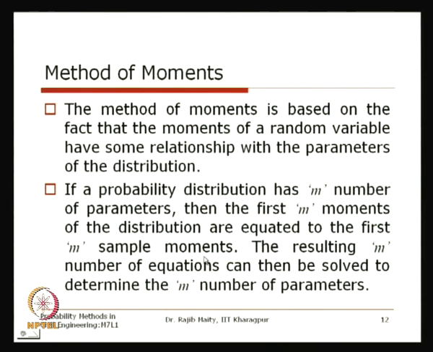That is, the first one should be equated to the mean, mu in case of normal distribution, and the second one to sigma square. So there are two unknowns and two equations that we can solve to get the estimates of those parameters.